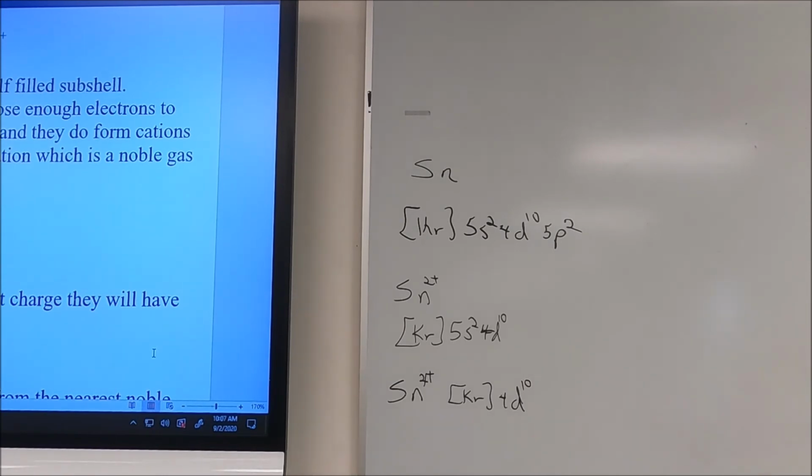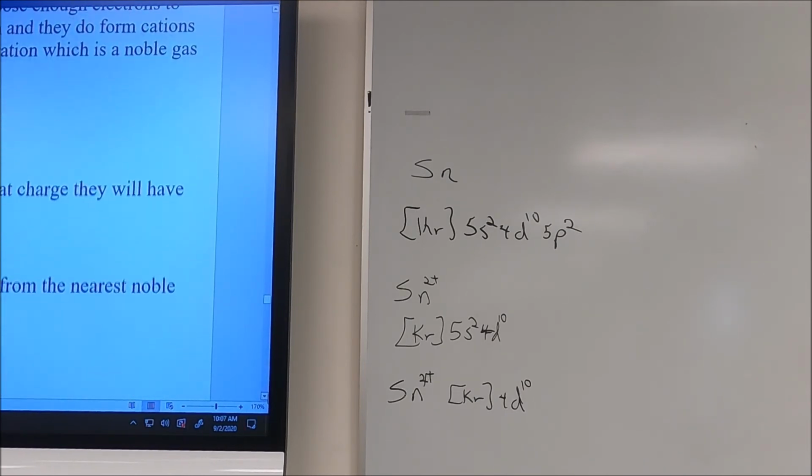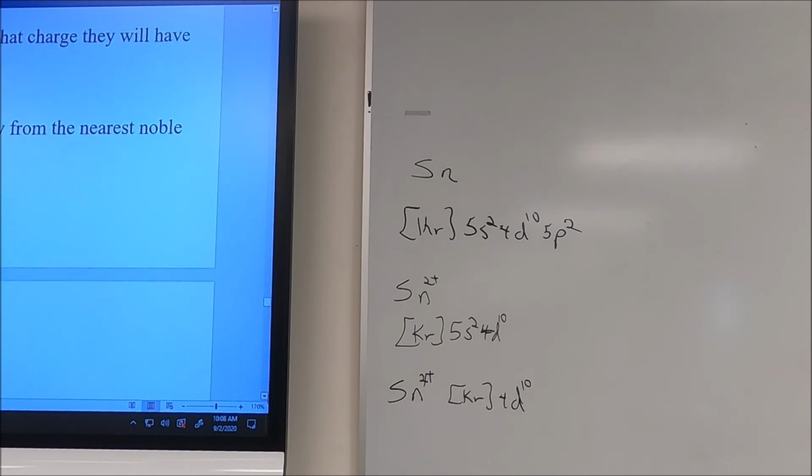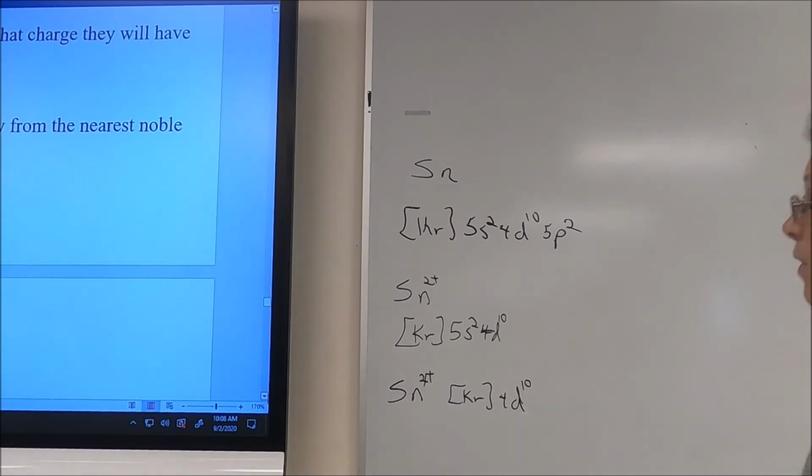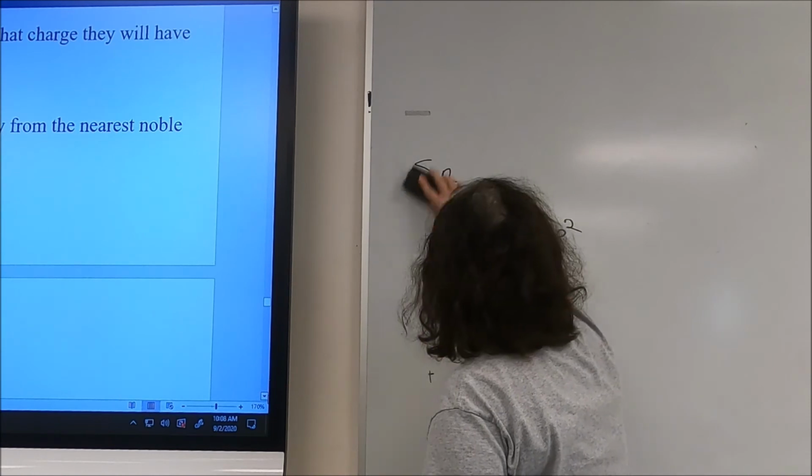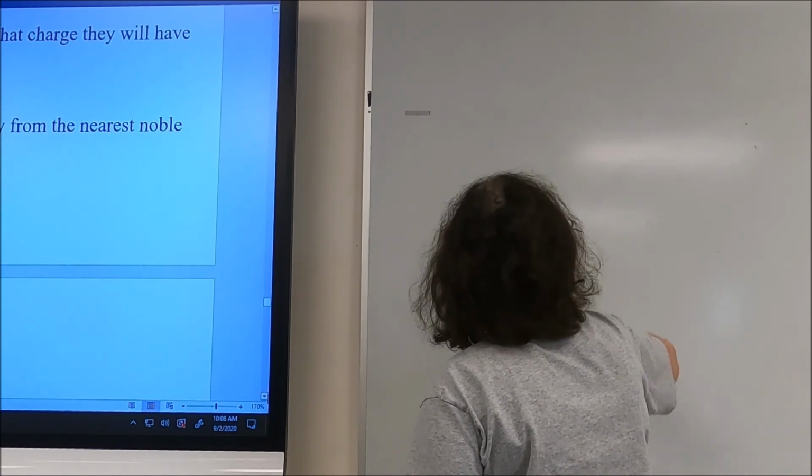Now let's talk about anion formation. As we're thinking about anion formation, anions are normally made from nonmetals.